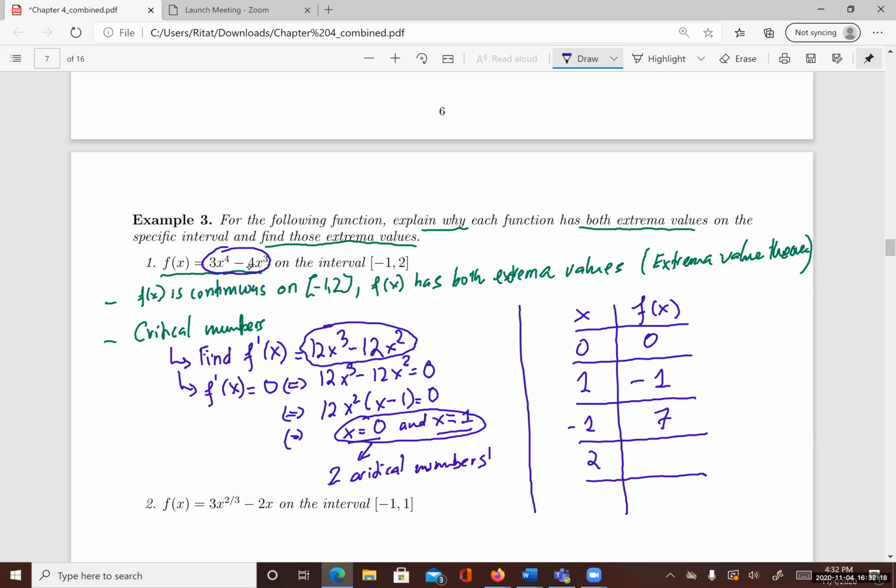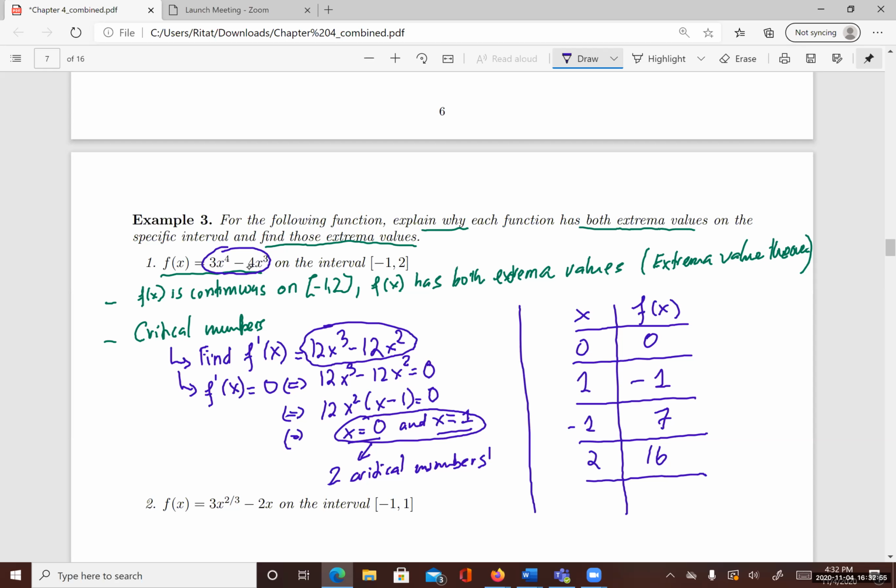So the answer is 3 times 16, 48, minus 32. So it's going to be 16.